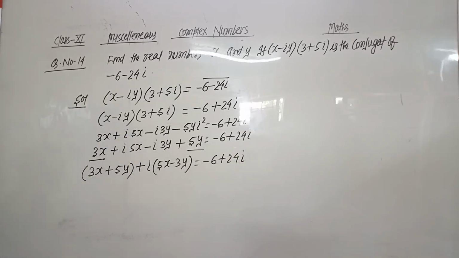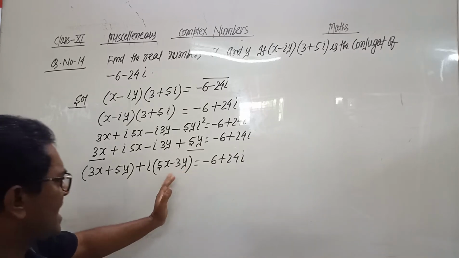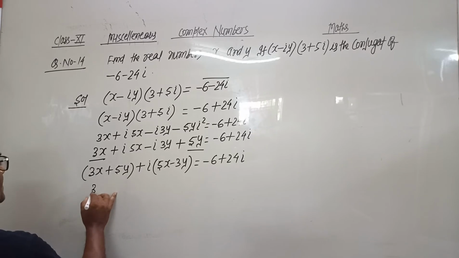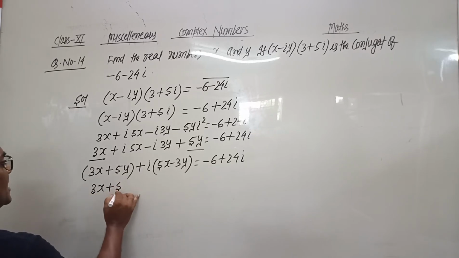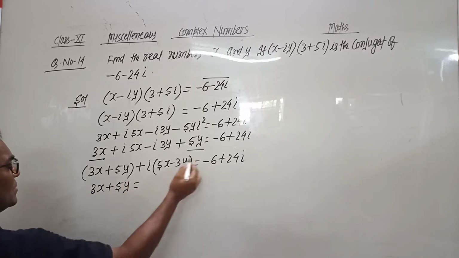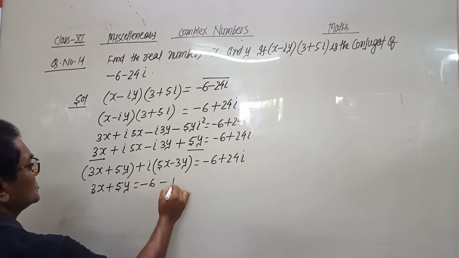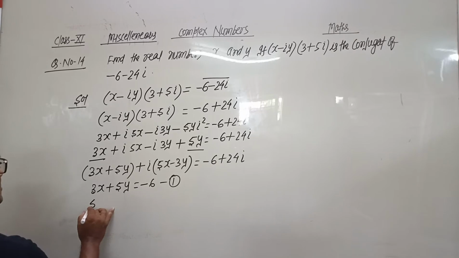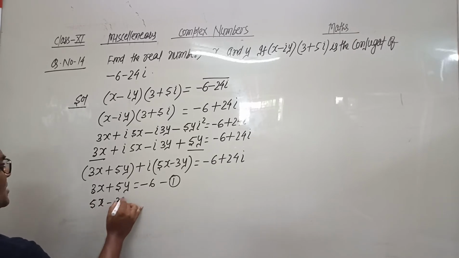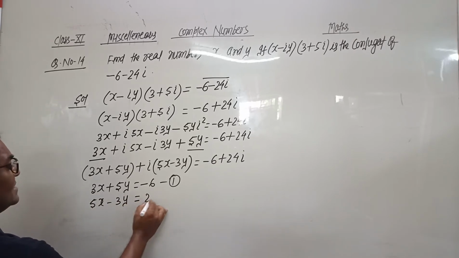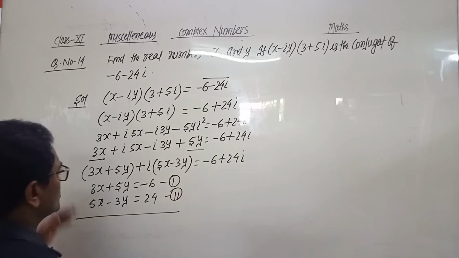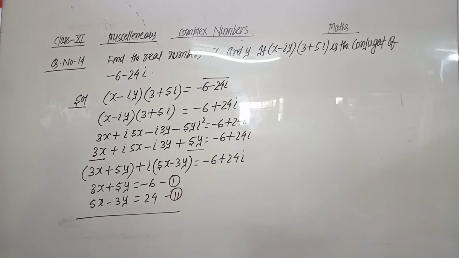Now we compare the real and imaginary parts from both sides. The real part on the left is 3x plus 5y and on the right is minus 6. The imaginary part on the left is 5x minus 3y and on the right is 24.